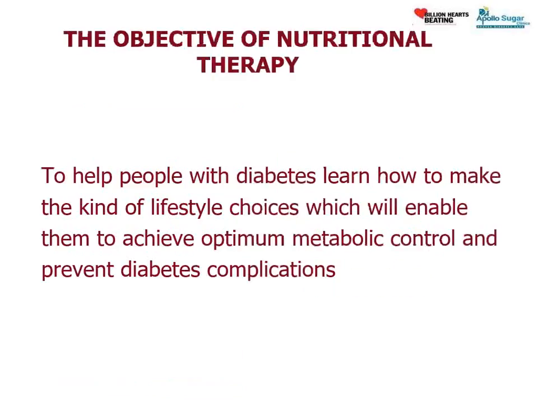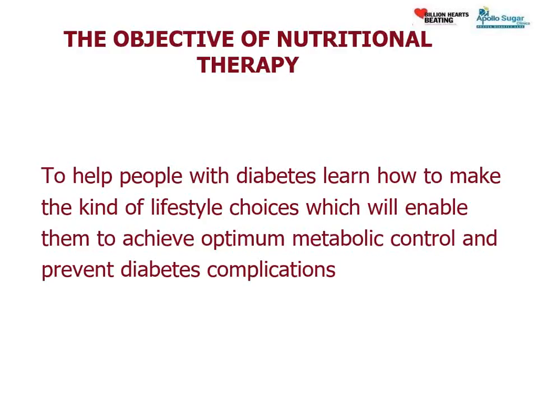The objective of nutritional therapy is to help people with diabetes learn how to make the kind of lifestyle choices which will enable them to achieve optimum metabolic control and prevent diabetes complications. By this, you also need to understand that you have to reach your ABC goals. That is to control sugars, to control your blood pressure, and to control your cholesterol, and also either to lose weight or keep your weight from gaining.